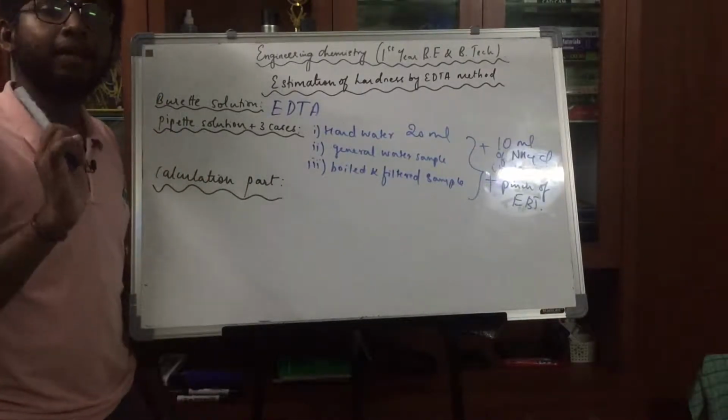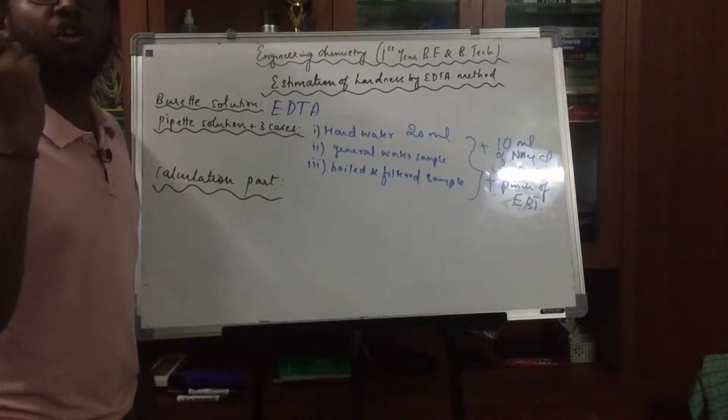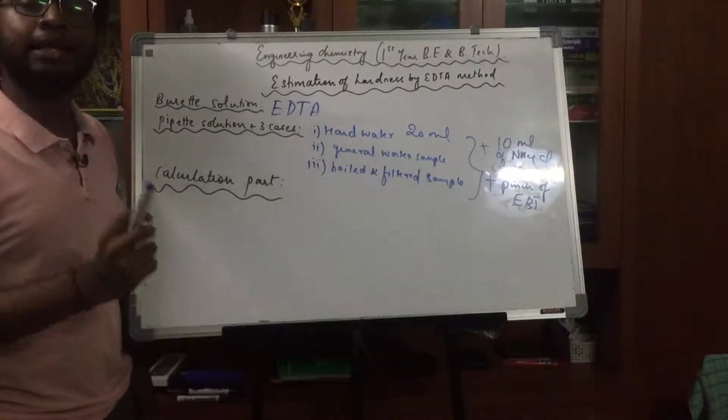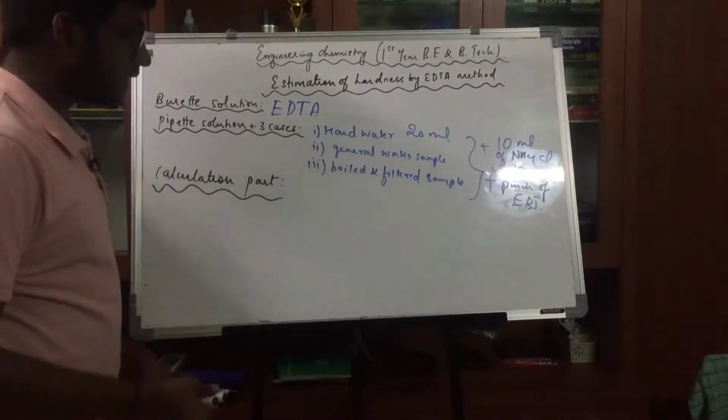So you add 10 ml of ammoniacal chloride, which is a buffer, and then you add a pinch of EBT, and this EBT is eriochrome black T. So what is the full form?